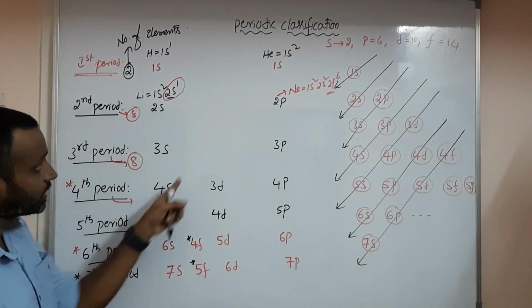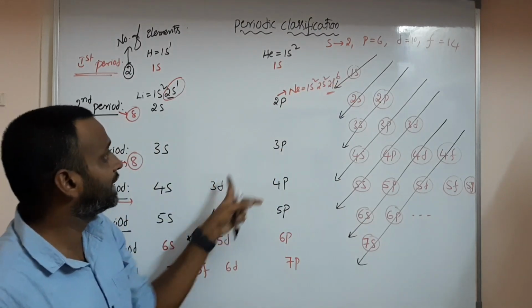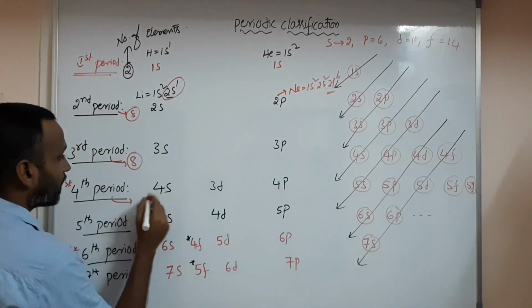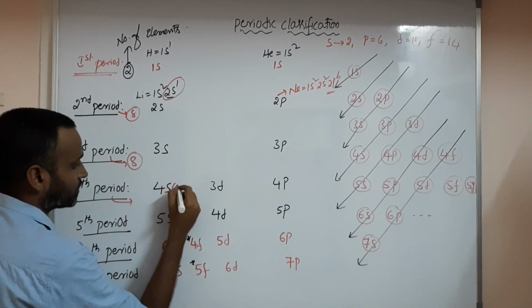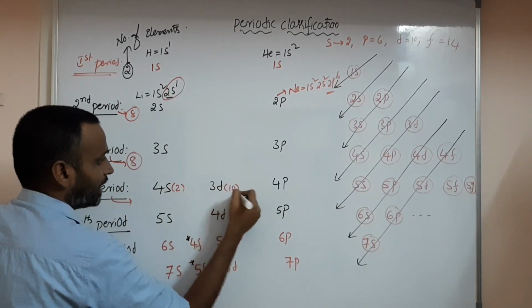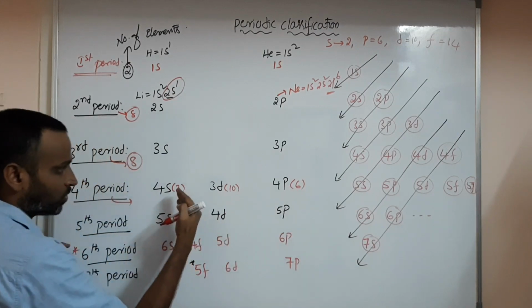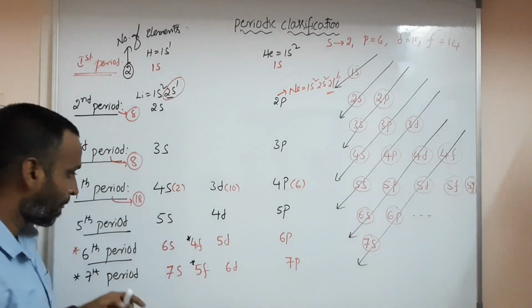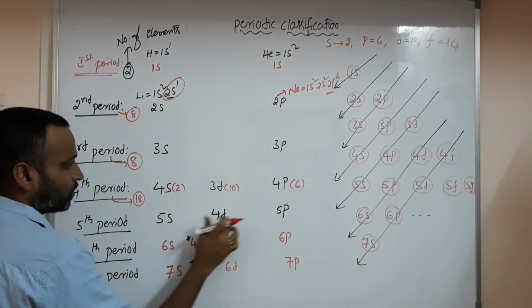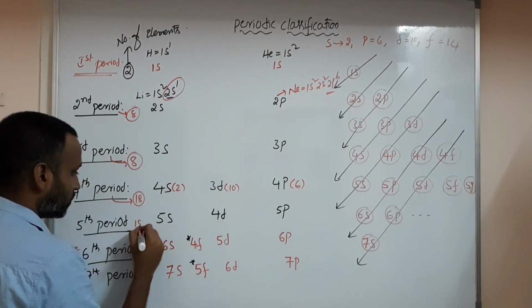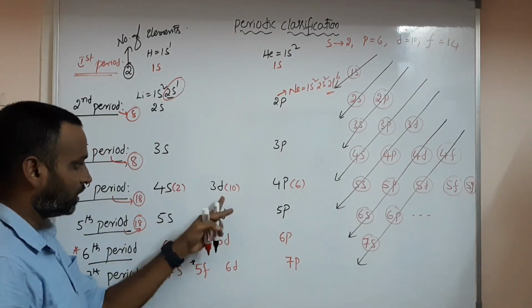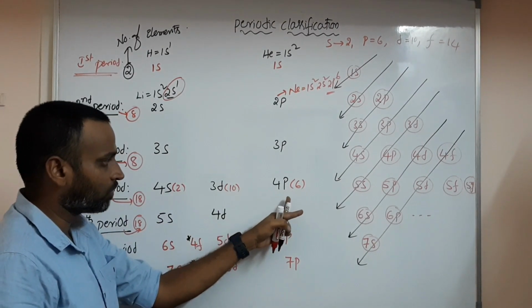Here S2, D10, P6. So there are 2 plus, S means 2, D means 10, P means 6. So 2 plus 10 plus 6, so 18 elements you can place. Like the same, 5s, 4d, 5p, similar. So here also 18 elements can be placed, because S1 to 2, D1 to 10, P1 to 6.